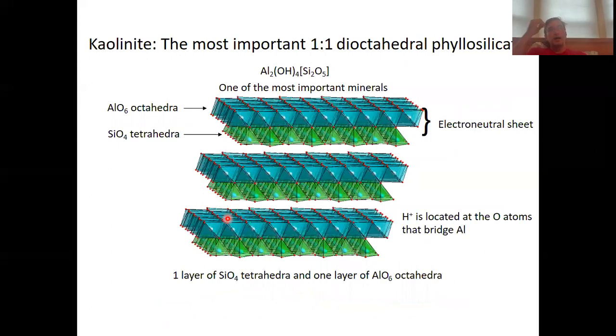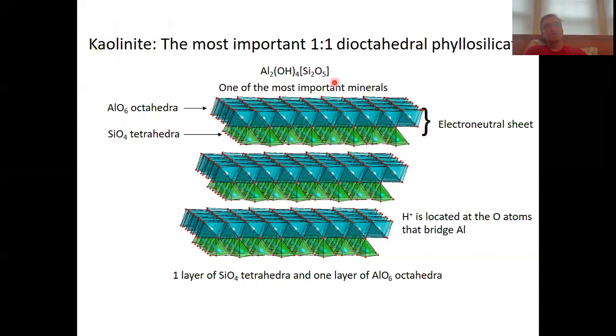Now what are examples of that? The example in which this structural motif is being realized is the so-called kaolinite. That's a very important mineral and also a very important starting compound for ceramic products.